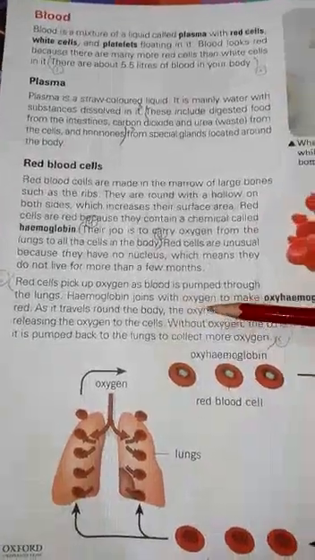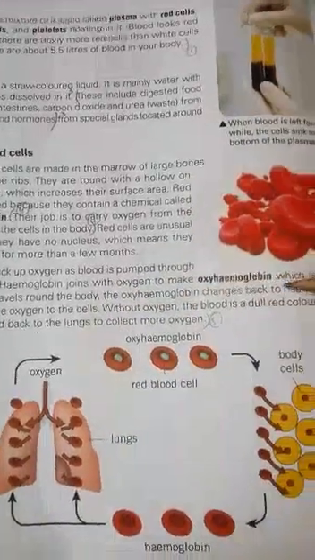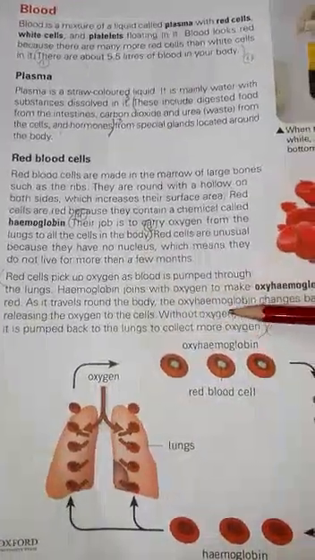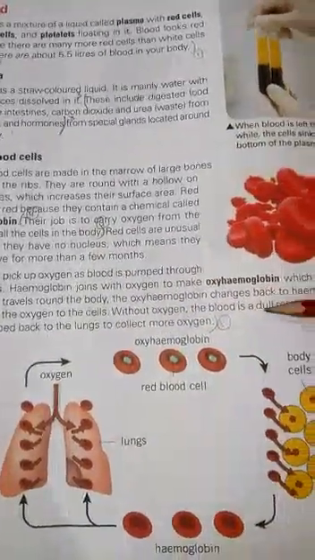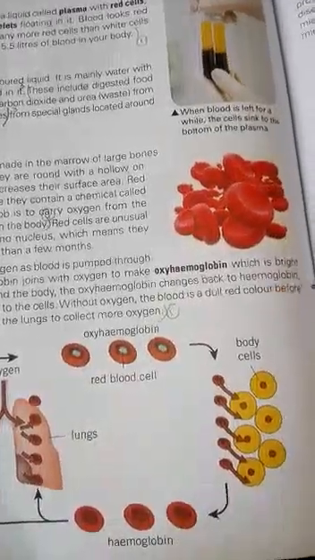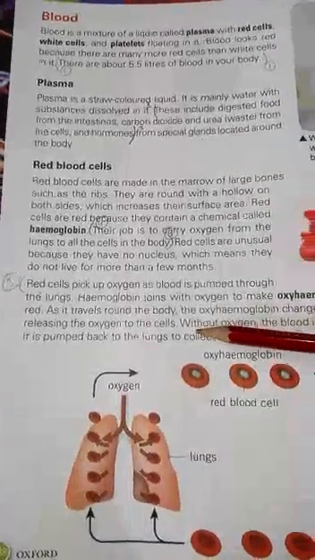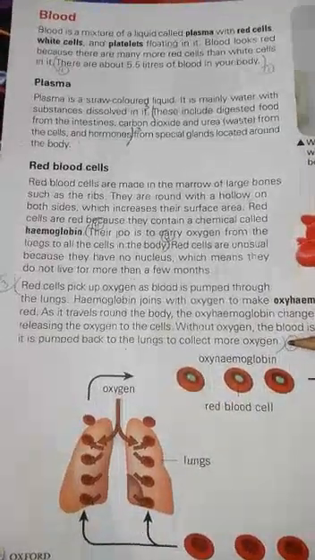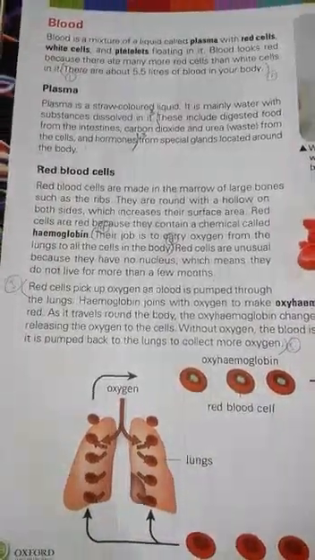As it travels around the body, the oxyhemoglobin changes back to hemoglobin, releasing the oxygen to the cells. Without oxygen, the blood is dull red in color before it is pumped back to the lungs to collect more oxygen. So this is the answer of question number 5.